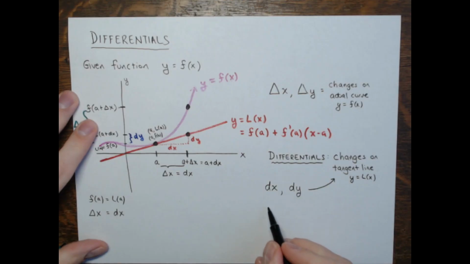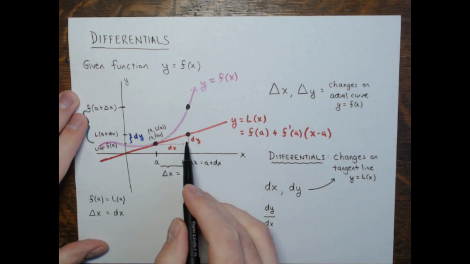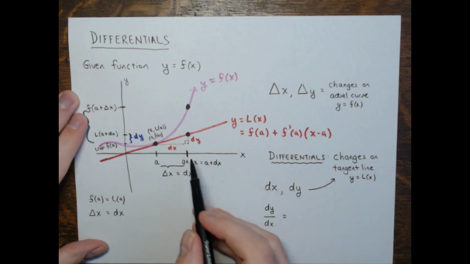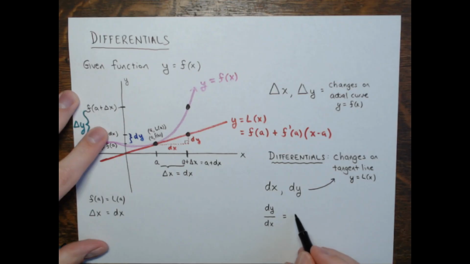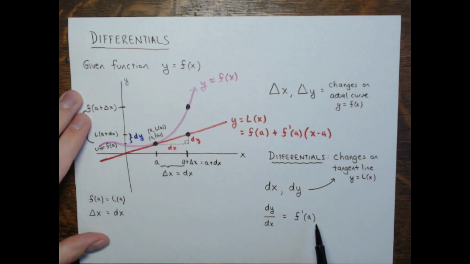And so you see how dy over dx, right? That's rise on the tangent line over run. That's going to give me the slope. So f prime at a, right? That's rise over run.